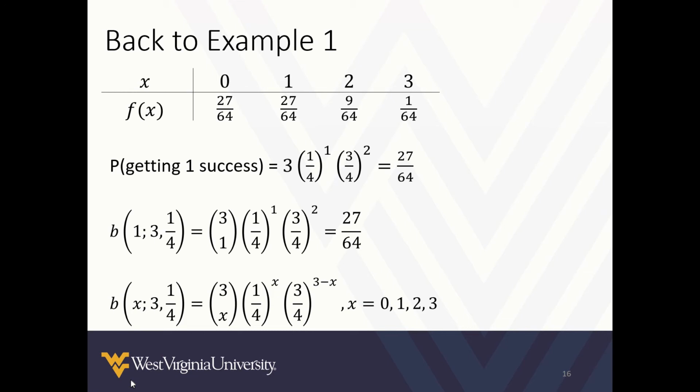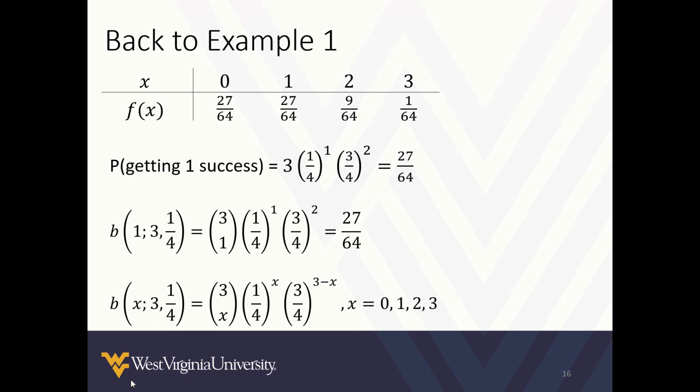So just to explore a little bit further, as we stated from the previous slide, the probability of getting one success was equal to 3 multiplied by 1/4 to the first multiplied by 3/4 to the second. Now, at this point, you may be wondering how exactly did that come about?